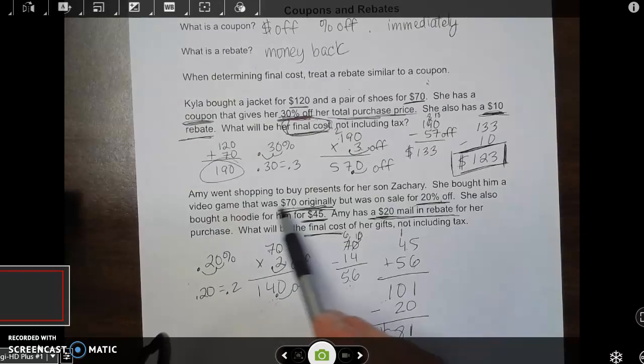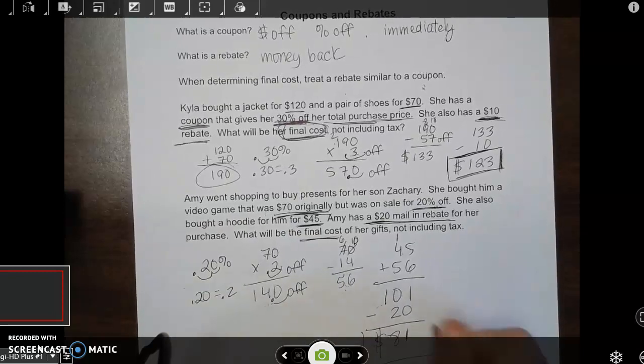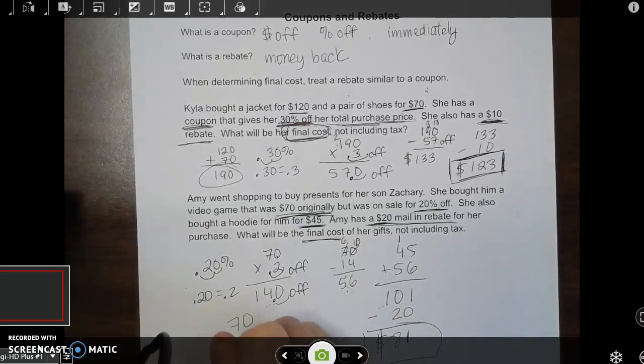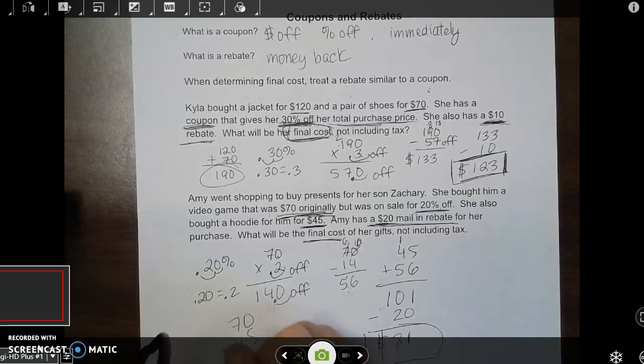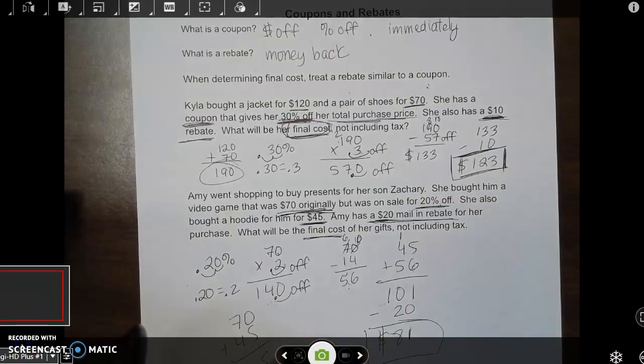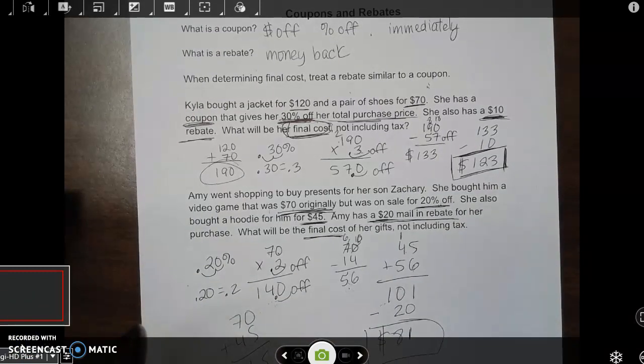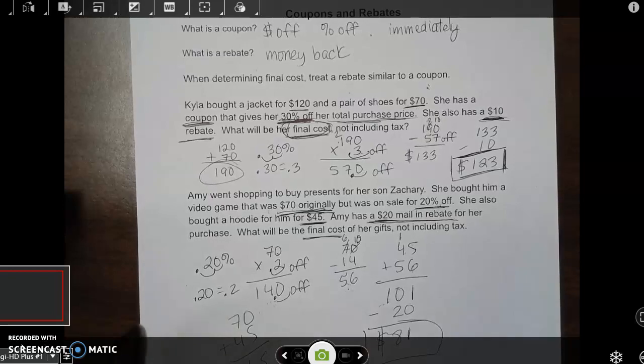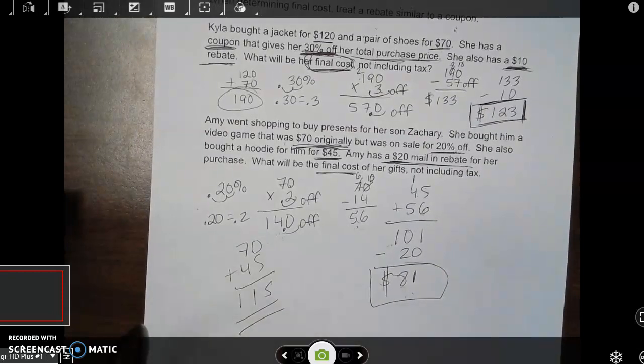So this is my answer, 81. 70 plus 45. So if I hadn't had those discounts, I would have paid $115. That's what I would have paid plus tax. Now it's just 81. Okay, guys, that's it. I hope you understand the difference between a coupon and a rebate.